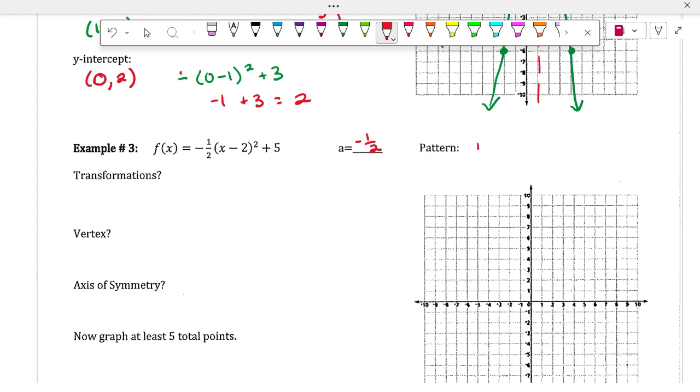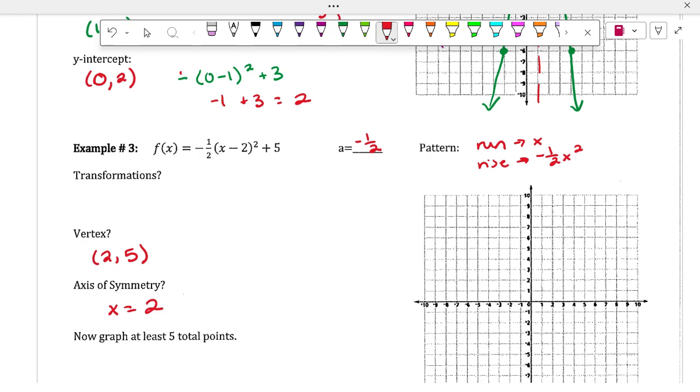So that means my pattern would be, if I run x, I will rise negative 1/2 x squared. What's my vertex? (2, 5). Good. So my axis of symmetry would be x equals 2.